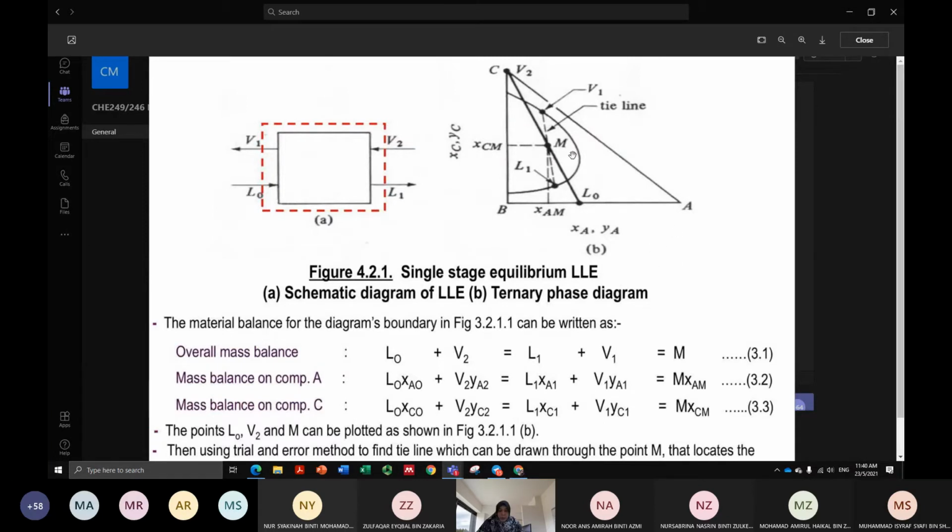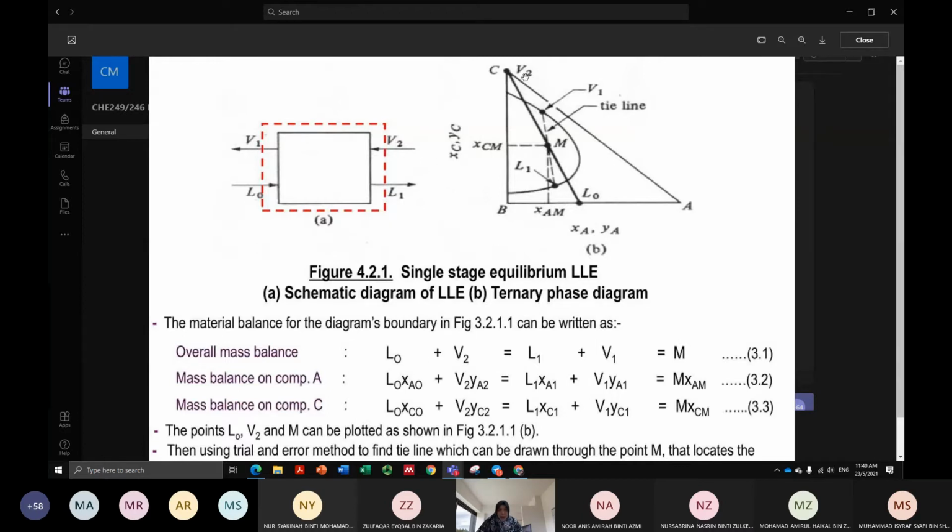So M also has three coordinates, L naught also has three coordinates. If you know only two, you should know the other one, because we have discussed before that the total value that you get from the coordinates is equal to 1.